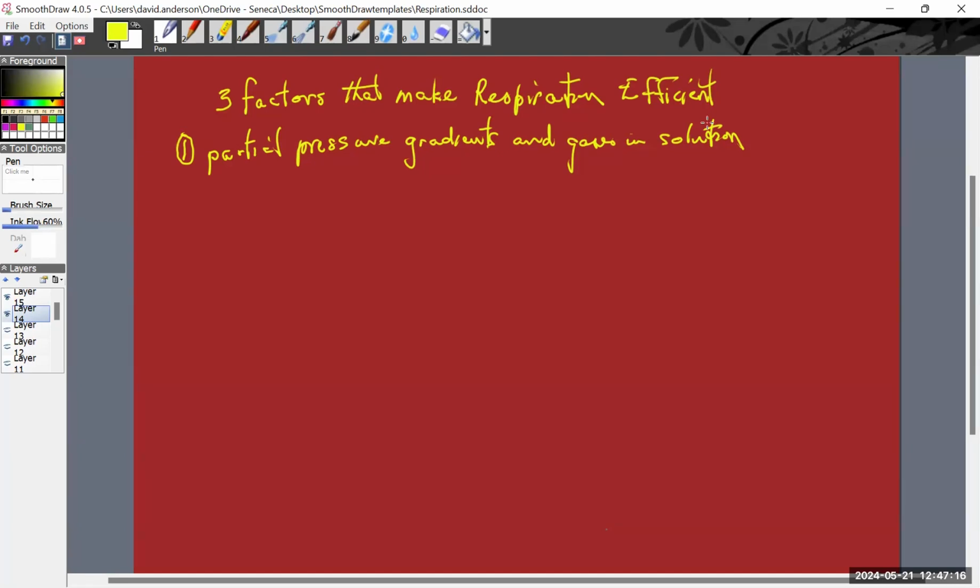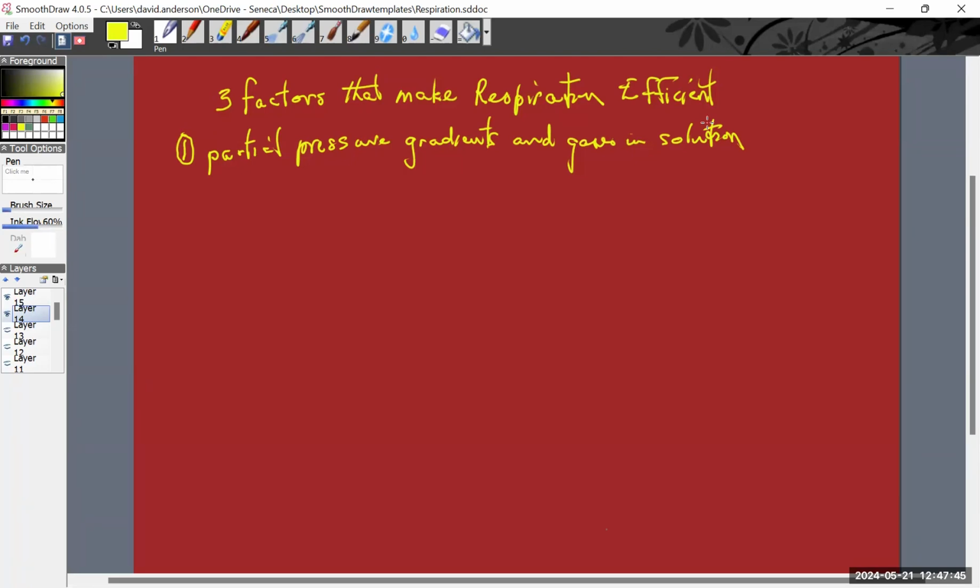So when we say in solution, we're, for example, within air, we've got contributions from oxygen and carbon dioxide and nitrogen. So those are all representing partial pressures. And the idea during respiration is that there's going to be gradients where oxygen is higher on one side of a membrane than on another, and that's going to favor movement. And CO2 will be higher on one side or the other, and will favor movement under those circumstances.